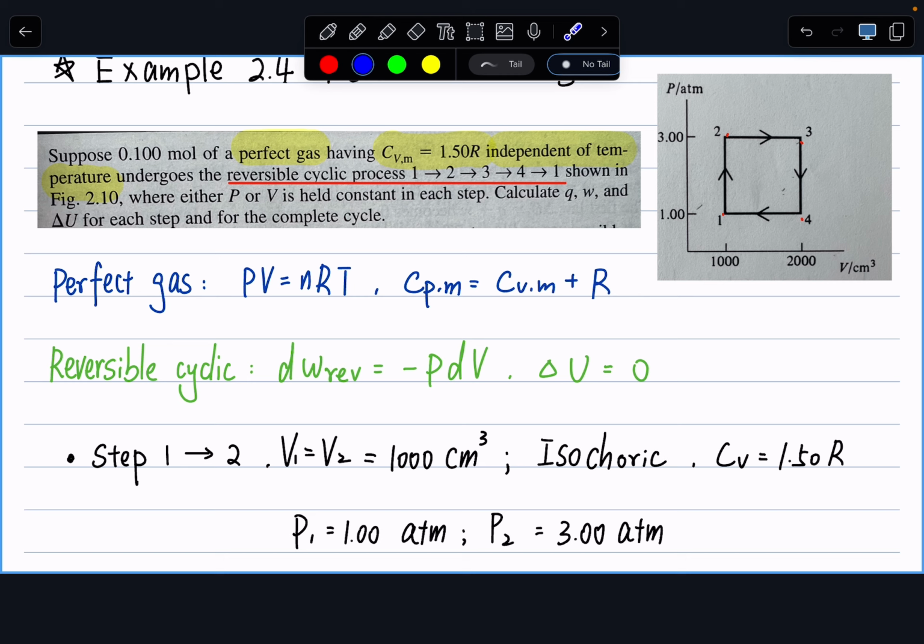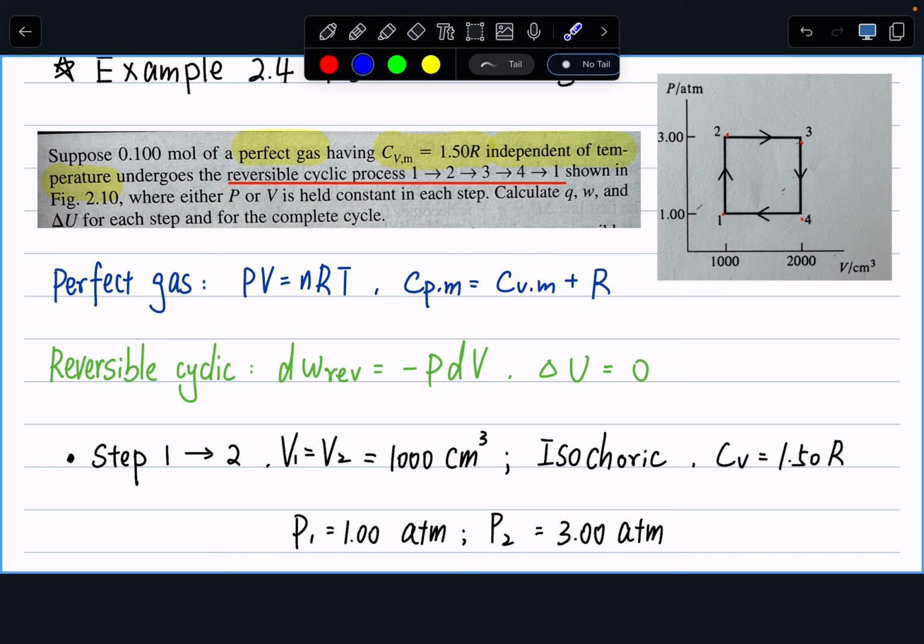For this kind of question, I highly recommend that before you start, you write down what you know: the definitions or terms that are specific to this system. It's a perfect gas, so we know that PV equals nRT. And we derived the relationship of Cp and Cv, so we have Cpm equals Cvm plus R. Remember, these are molar heat capacities, which are just your heat capacity divided by n.